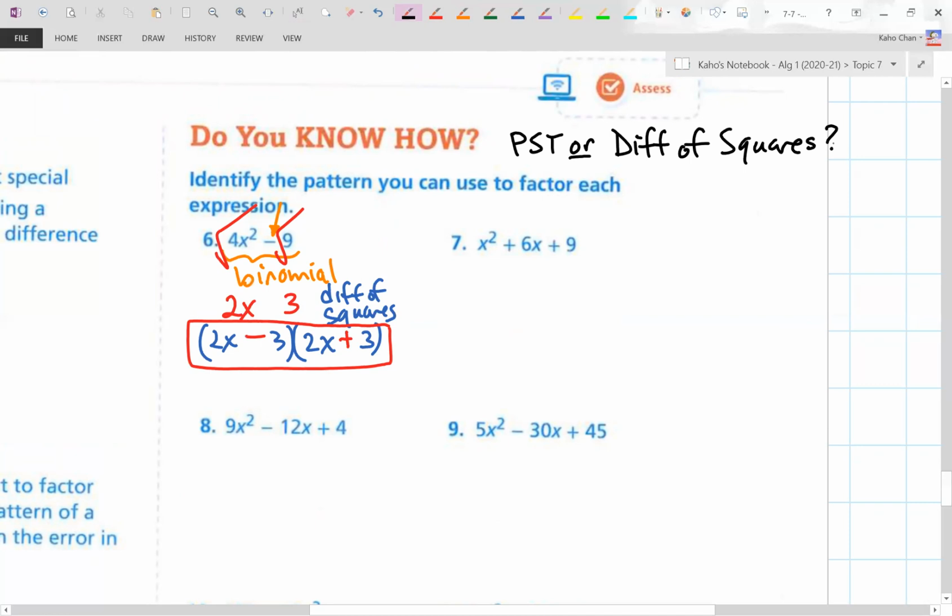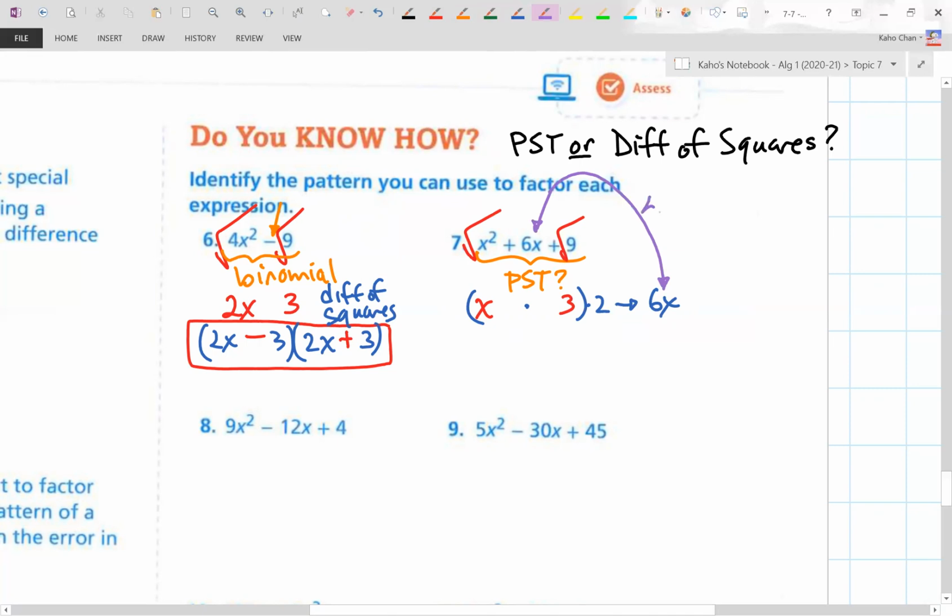All right. Oh, number 7 looks very familiar. We just did that a moment ago. Is it a PST? Let's check. First term is square rootable. Last term is square rootable. What happens if we double it? That becomes 6x. Oh, yay. Ding, ding, ding. There it is. 6x is the match.